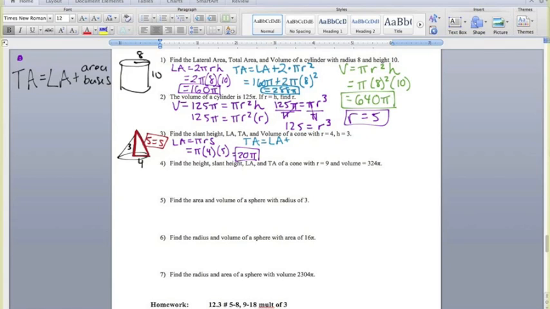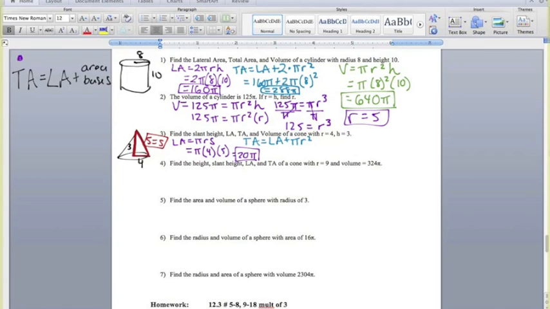Total is lateral area plus the area of the bases. A cone only has one base because it has a circle on the bottom, but then at the top it just comes to a point. So I just need 1 pi r squared here. When we did the cylinder, we did 2 pi r squared because there was a circle on the top and a circle on the bottom. For our cone, there's only one circle, so we just need 1 pi r squared.